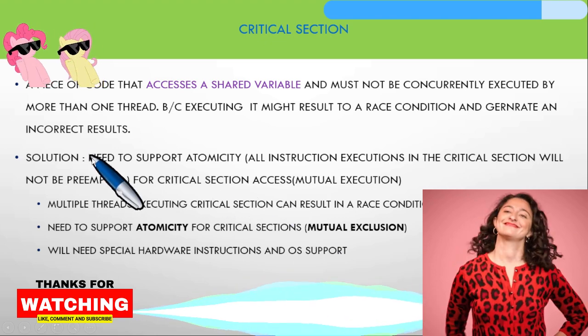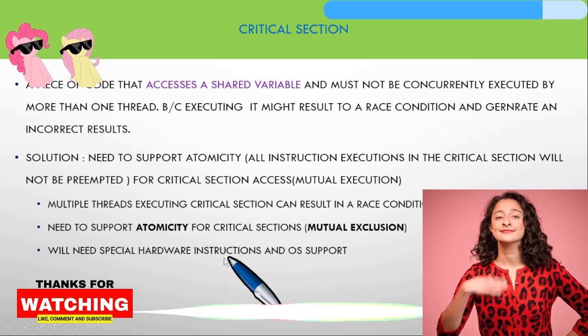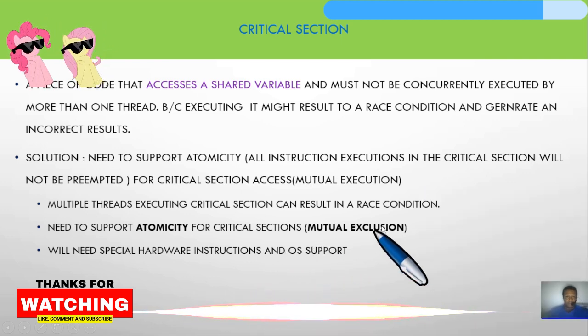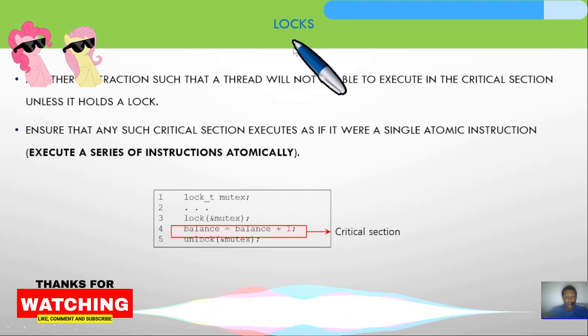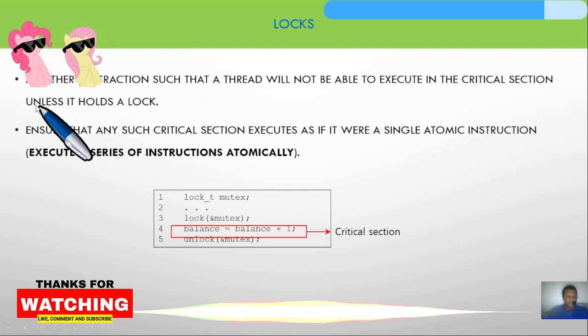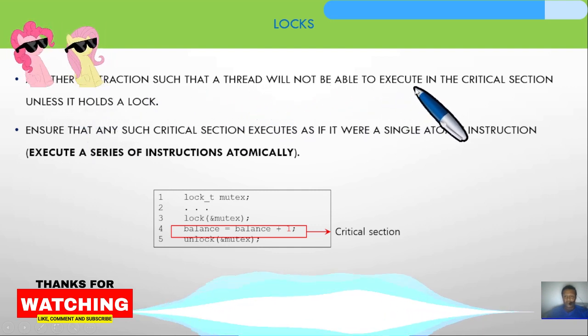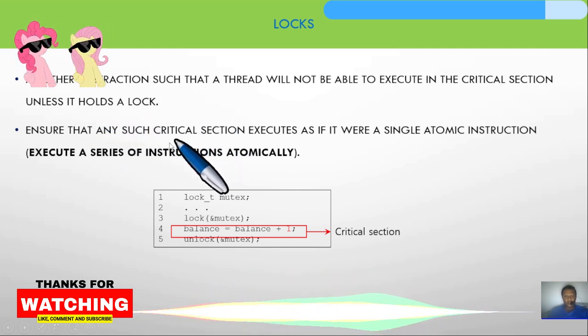This mutual exclusion, as we have seen, will need a special hardware instruction and operating system support, okay, OS support. So the lock is one of the things. Another abstraction is that a thread will not be able to execute in the critical section unless it holds a lock.